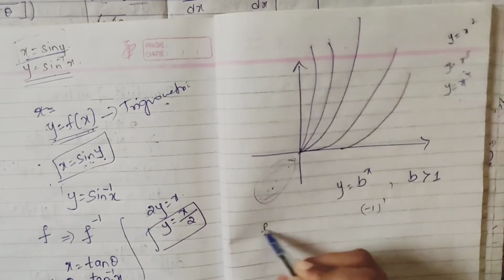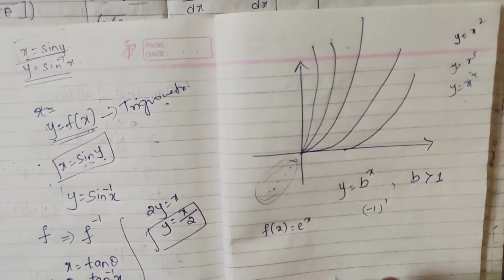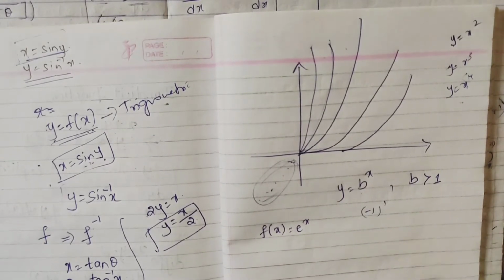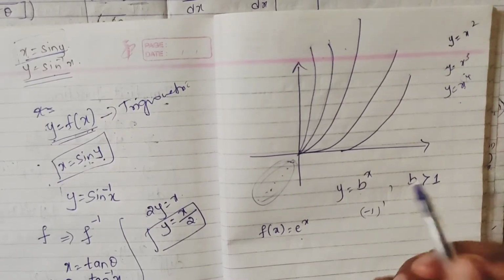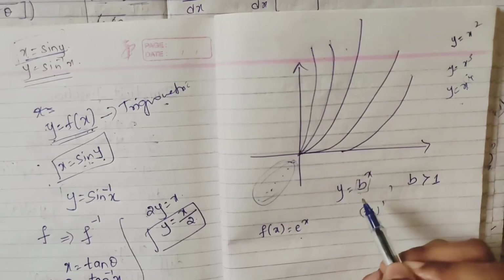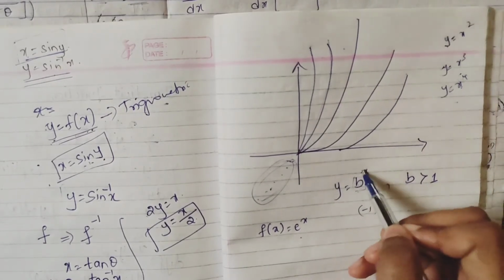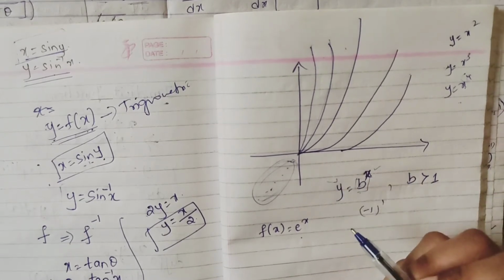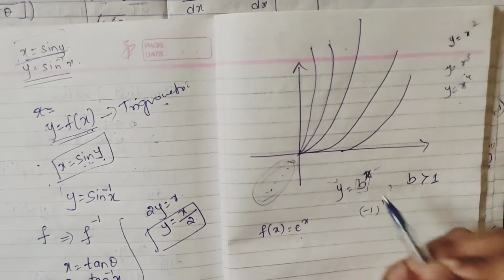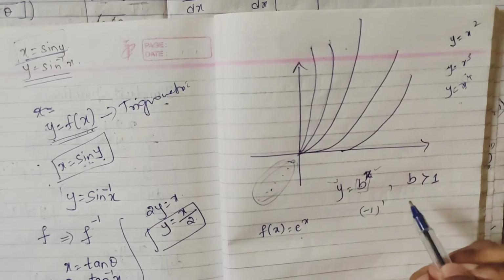We also call f of x is equal to e to the power x an exponential. Generally we call e to the power x the exponential. Now what is the difference? Here b is a constant and x is an independent variable. This is the independent and this is the dependent variable, right? This constant is raised to the independent variable and the constant should be greater than 1.